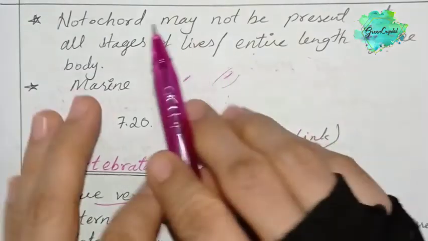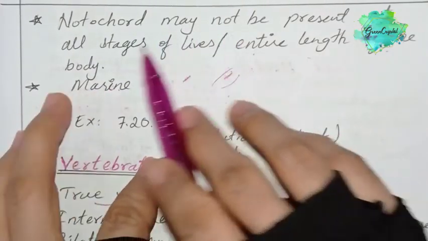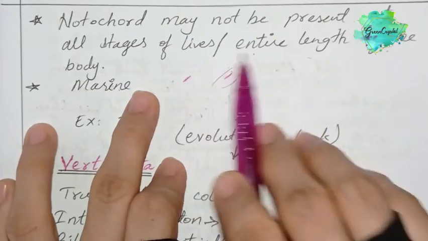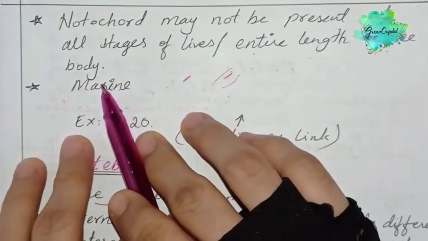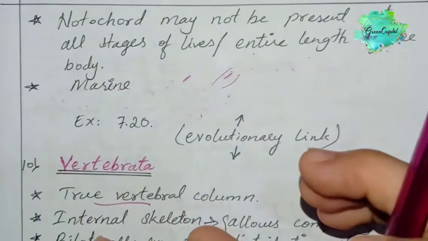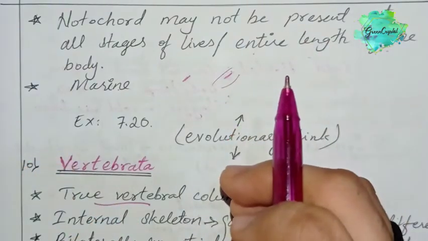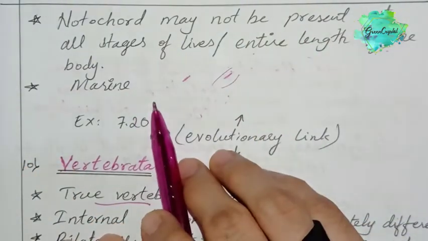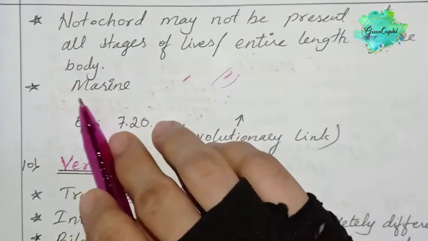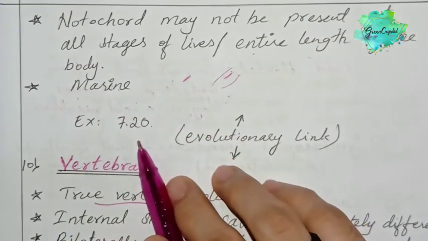So the notochord may not be present at all stages of their lives. Protochordata are marine. Let's move on to the diagram.